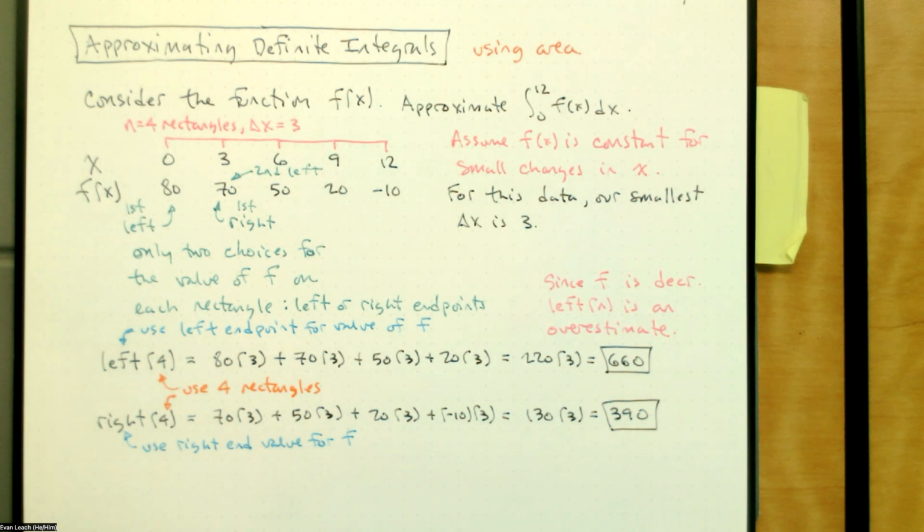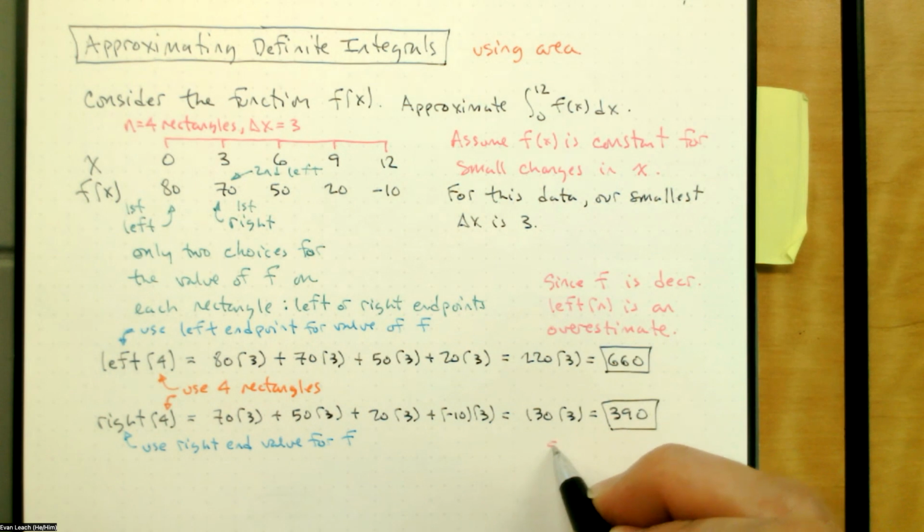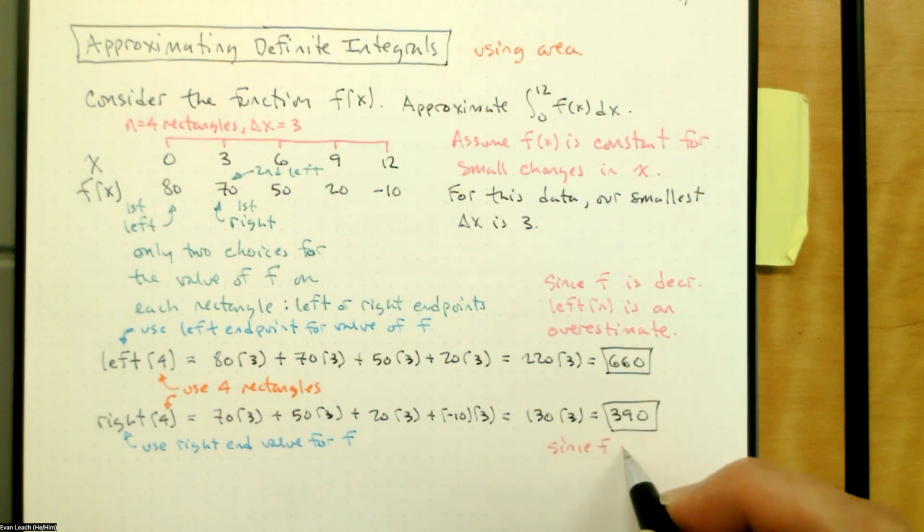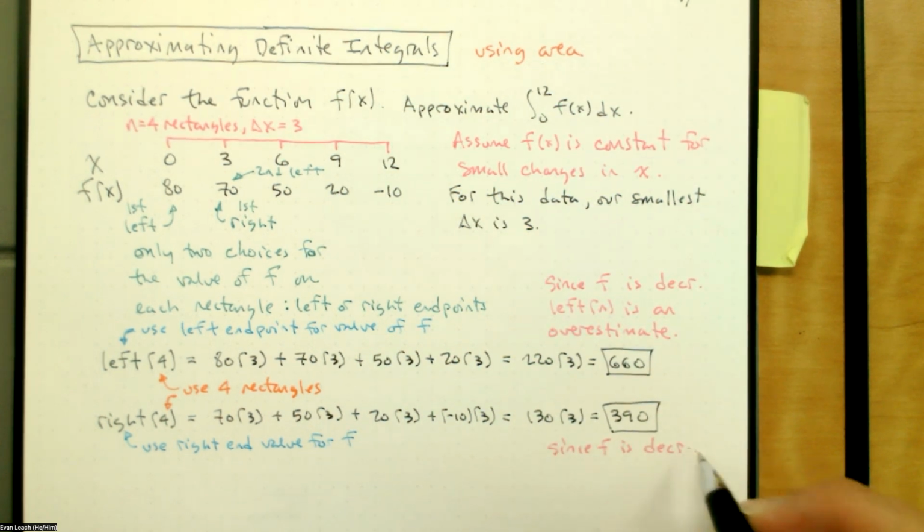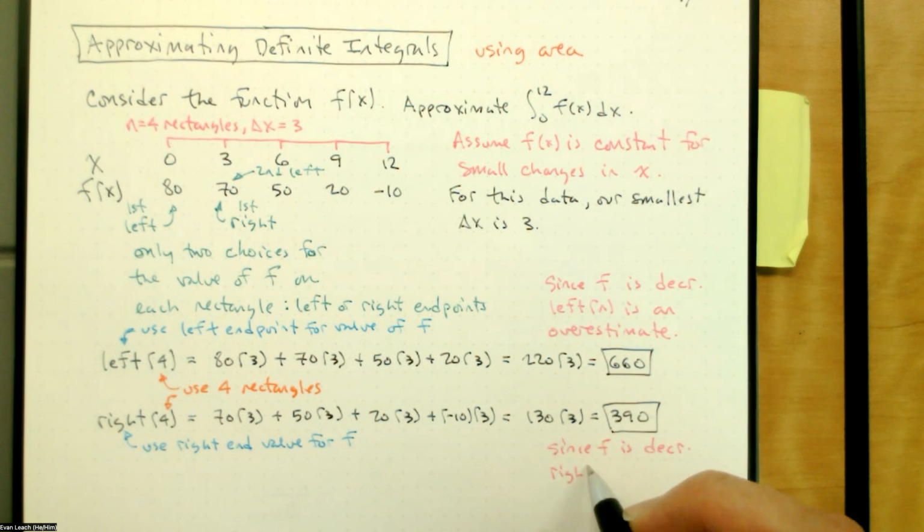And the opposite happens. Since this function is decreasing and I'm using the end value of each rectangle, this is probably going to be an underestimate. Since f is still decreasing, right of any size is an underestimate.